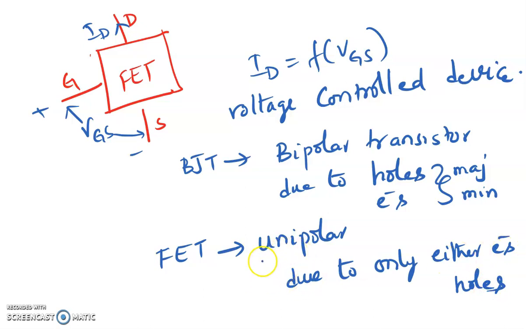So that's why it is called a unipolar transistor. The FET is comprised either of electrons, called n-type semiconductor, or holes, the p-type semiconductor.